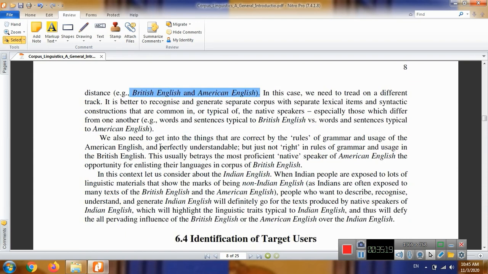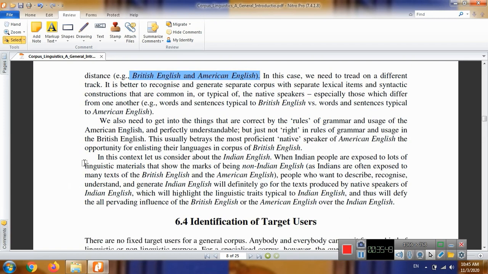We also need to get into the things that are correct by the rules of grammar and usage of American English and perfectly understandable, but just not right in the rules of grammar and usage in British English. This usually betrays even the most proficient native speaker of American English the opportunity for enlisting their language in a corpus of British English.